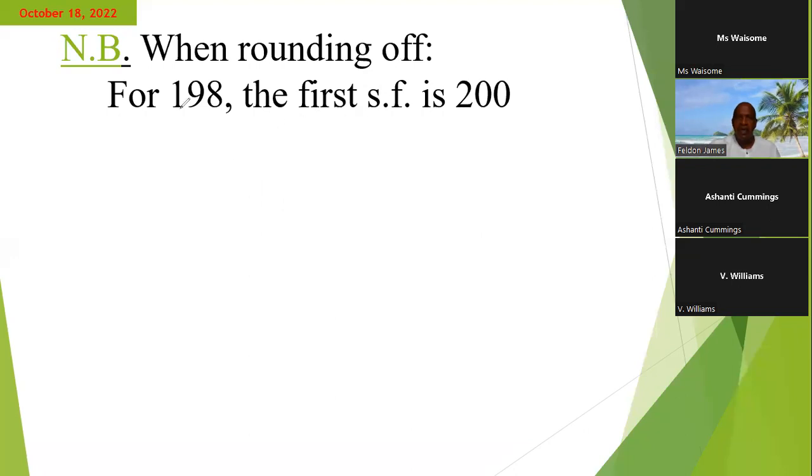Right, so we say that if we're rounding off to the first significant figure, this is the first non-zero digit, we're rounding off to that one, we examine the one that follows, greater than 5, we add 1 to that one, we get 2, and then because these are whole numbers, we just replace them with zeros. So that's what it is, Miss Waysam. So don't feel doubtful about it. That's exactly what it's supposed to be.